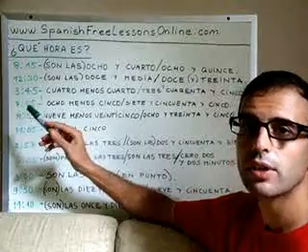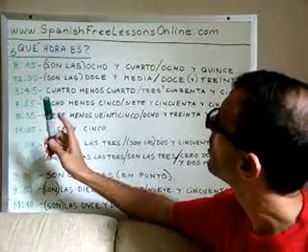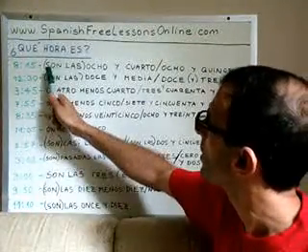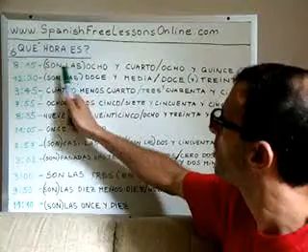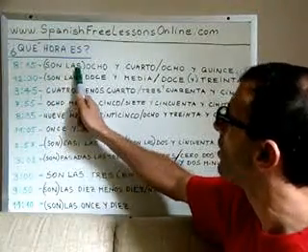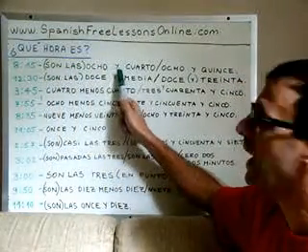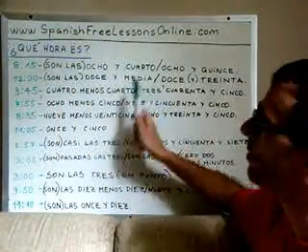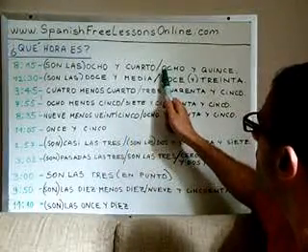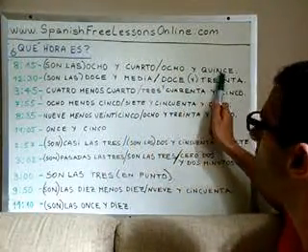If we translate word by word, it would be they are the 8 and quarter. Here, 8 and 15.